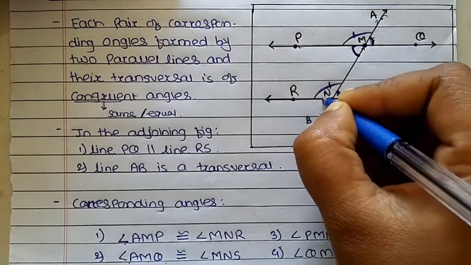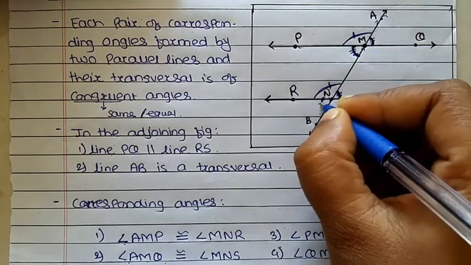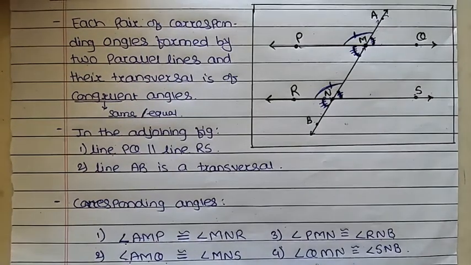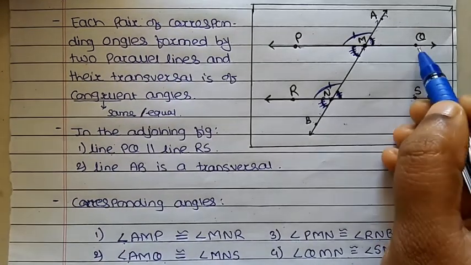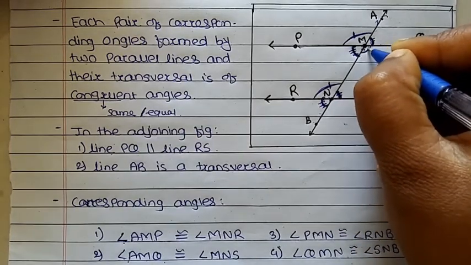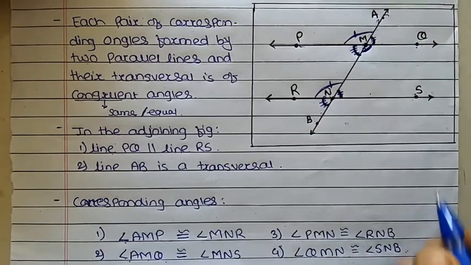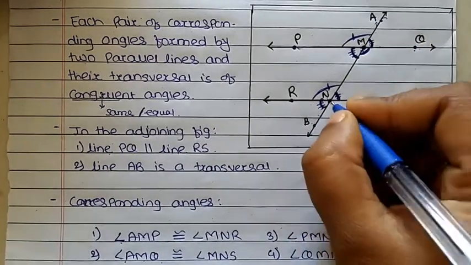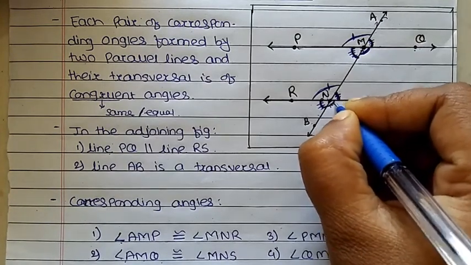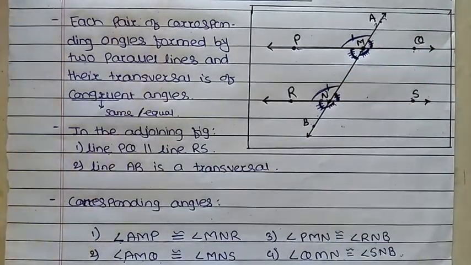Next, angle QMN, this one, is equal to angle SNB. So these angles are corresponding angles and they are equal to each other.